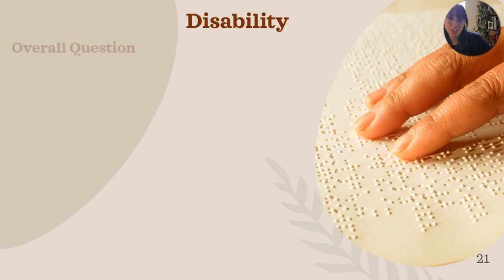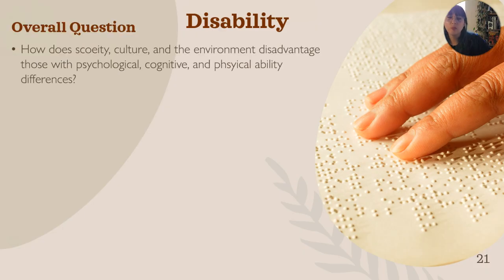Next, we will look at disability, the overall question being, how does society, culture, the environment, which includes like the built environment, like architecture, city design, things like that, disadvantage those with psychological, cognitive, or physical ability differences?